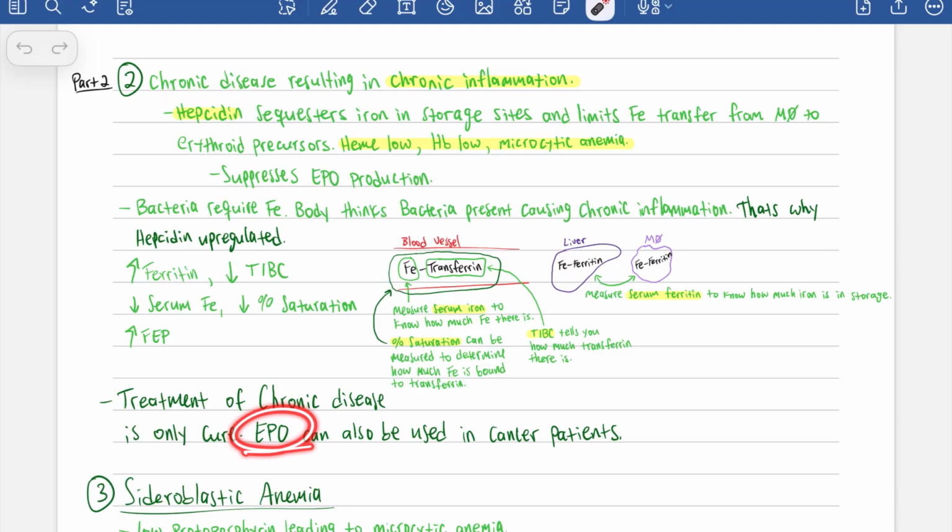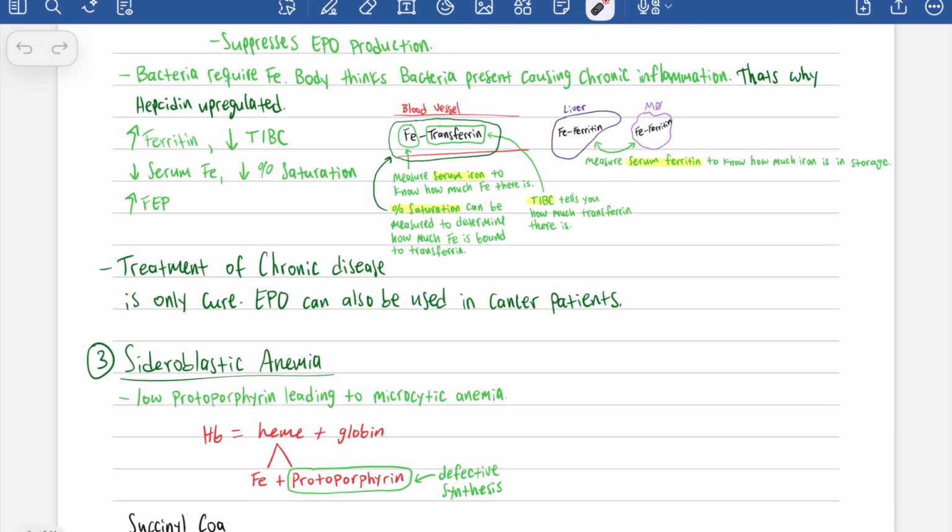So a lot of times we can supplement with EPO injections to try and suppress hepcidin, sequestering the iron, and that may help get it out of storage so we can get it bound to transferrin and try and resolve the anemia. But the real only treatment would be trying to cure the chronic disease, or at least control it.